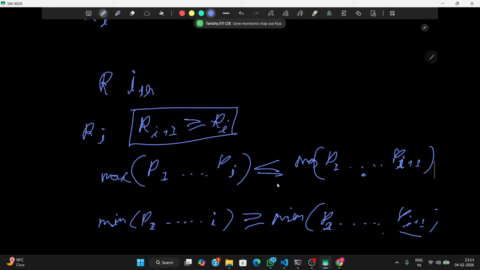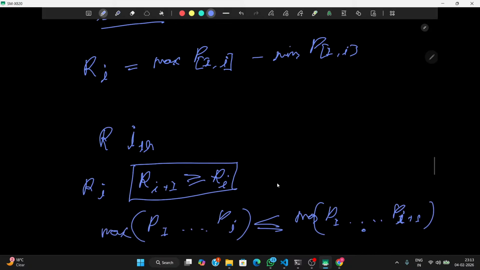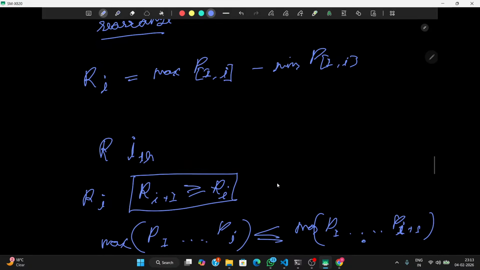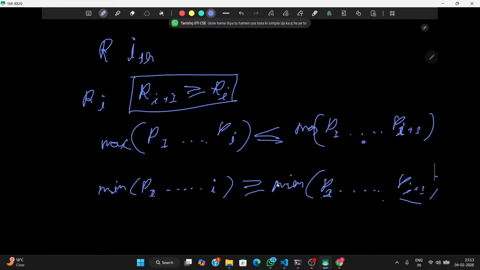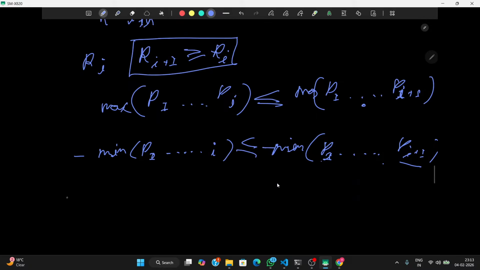Now, after making these two inequalities, what we can do is we will first of all multiply by minus 1 here. So this inequality will look like this now. And then we'll add both of these inequalities.